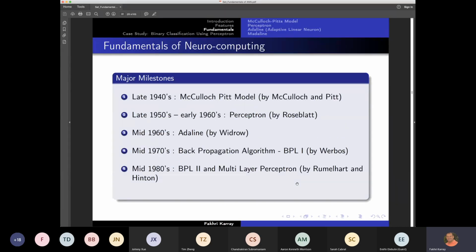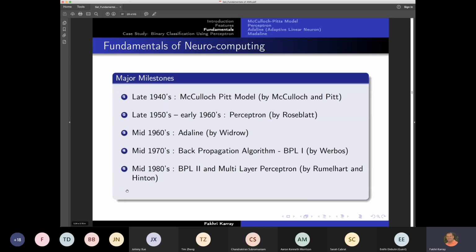So I will go to the fundamentals of neurocomputing. I gave you early on the history of how they progressed to where we are now. So number 6 here is the most recent milestone, which is the deep neural network system, which we are going to discuss later. But this is the progress of neural networks in the past few decades.